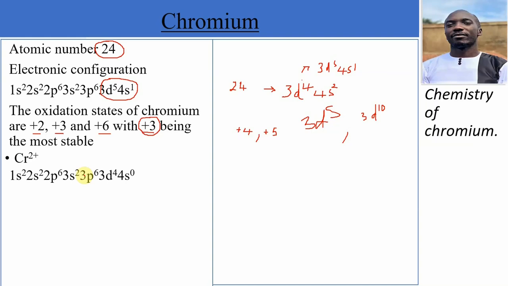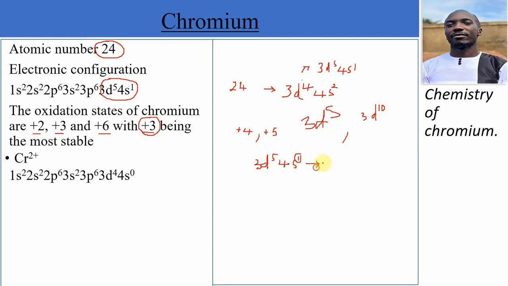So chromium 2, here we are trying to write the electronic configuration of chromium 2. If we have 3d5 and 4s1, and the oxidation state is +2, we are losing 2 electrons. So we shall lose this 1 electron in the s sub-energy level, and also 1 electron from the 3d sub-energy level.